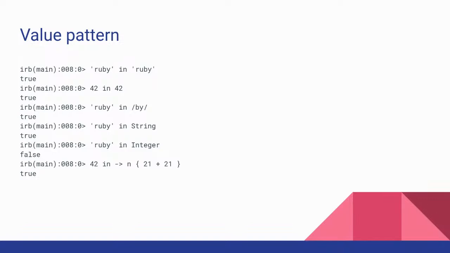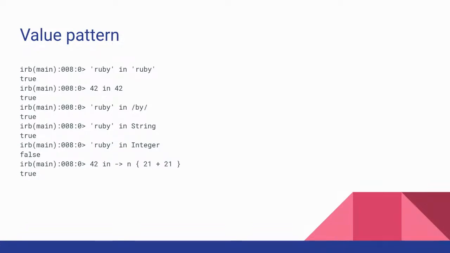Okay, this is the value pattern, and this is what we have when we're matching some value against a given pattern, exactly like we'd have using the triple equals operator. For those familiar with Ruby, we have an operator that's the triple equals operator. I won't dig into the whole set of features behind it here, but have in mind that it performs equality for different types of objects, behaving differently depending on the type.